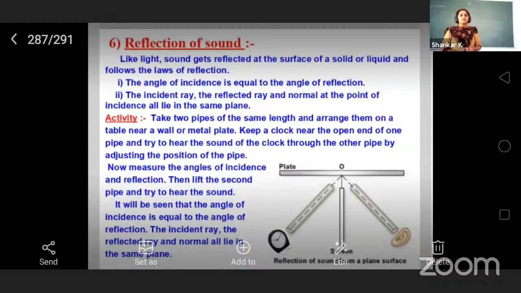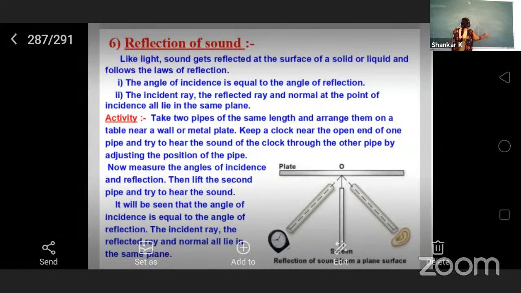Here you have to take two pipes of the same length and arrange them on a table near a wall or metal plate. These are the pipes which are connected, of the same length.